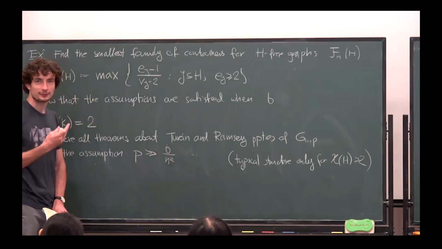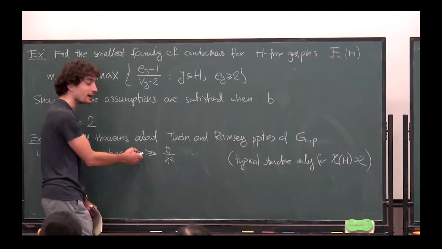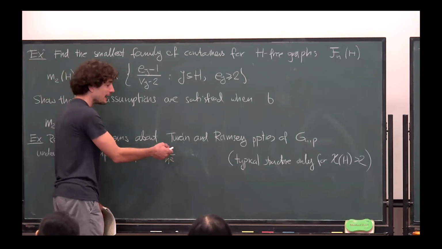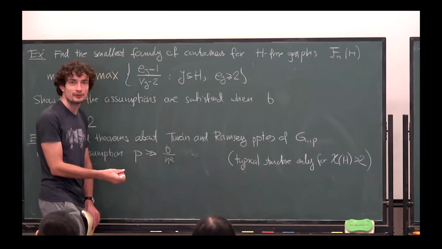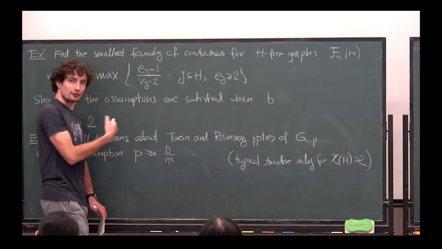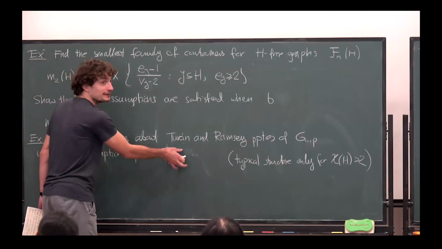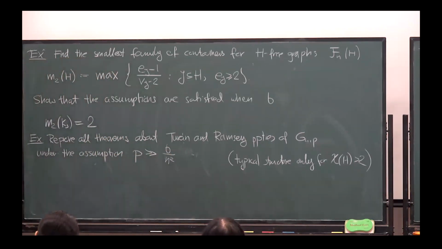I mean, it checks with the triangles, because for triangles we assume that p goes to 0 slower than 1 over root n, and B just happened to be n to the 3/2. But after you solve the exercise, you will see that this is the only assumption that we need.